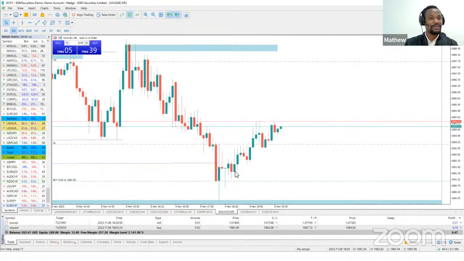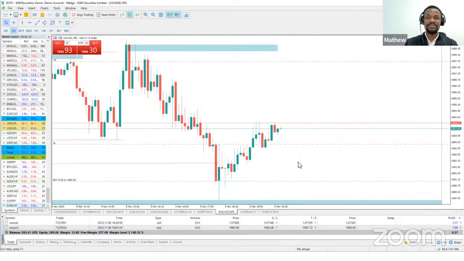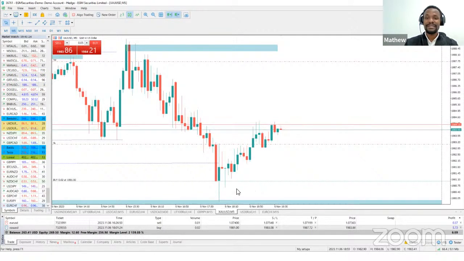But you know what? You have an advantage just in case the price reversed from this level and kept on moving to the downside and hit your stop loss with the first entry.